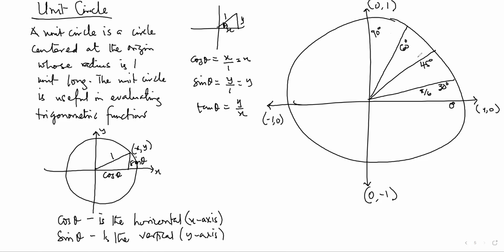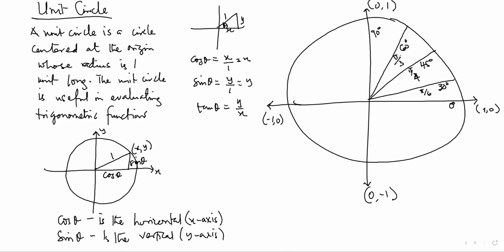If you convert 60, it is pi on 3. Sorry, 45 is pi on 4, then this one is pi on 3.